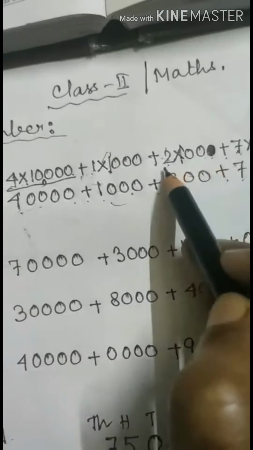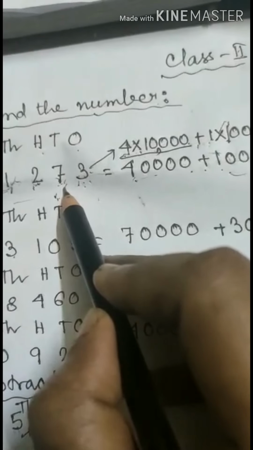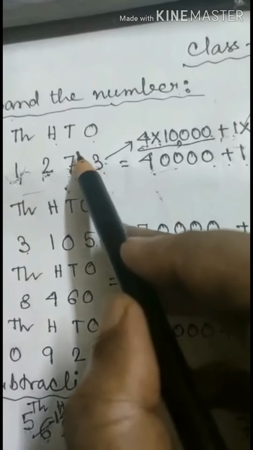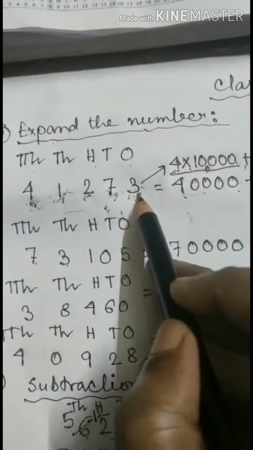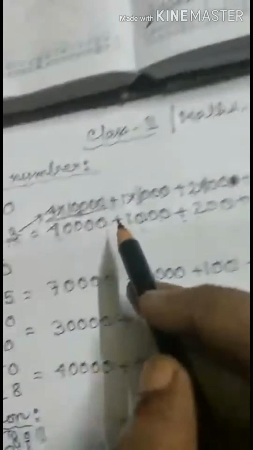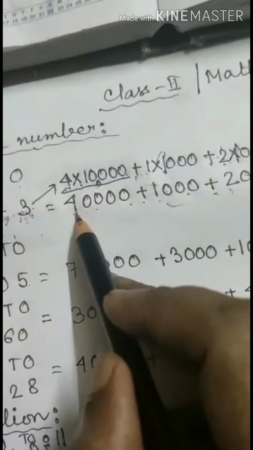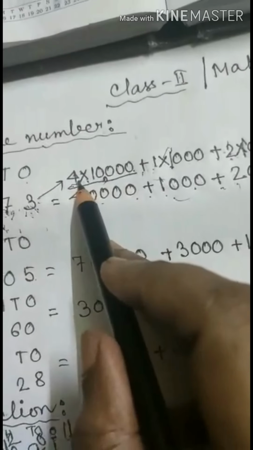Plus 7 into 10, because the next number 7 is in the tens place, plus 3. 3 is the last number of this 5-digit number. Its place value is 1. So in the next line we can write it this way.